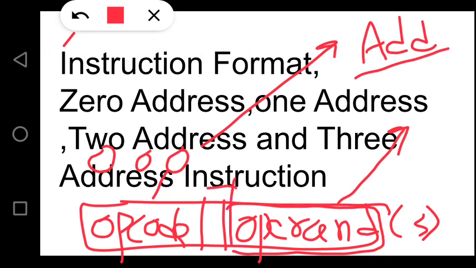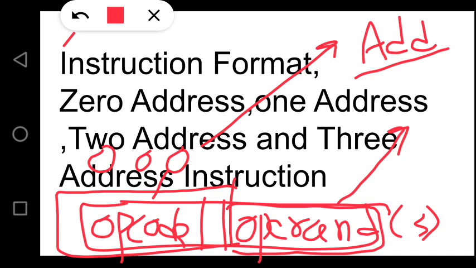So when the control unit fetches an opcode, it identifies that it has to perform an add operation. Add on what? On the operands. The operands can be one operand, two operands, three operands, or sometimes zero operands. It is quite an interesting case.